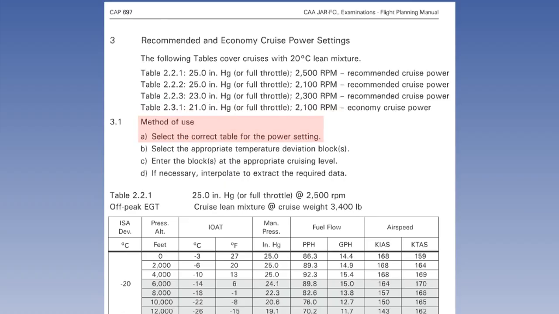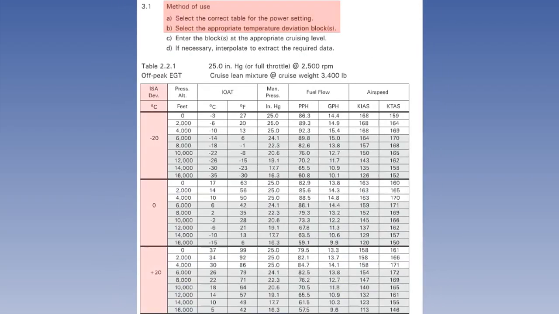First, select the correct table for the required power setting. The left-hand column shows ISA deviations for -20, 0 and +20. Select the appropriate block for the temperature being used. Enter the block at the appropriate cruising level. If necessary, interpolate to extract the required data.